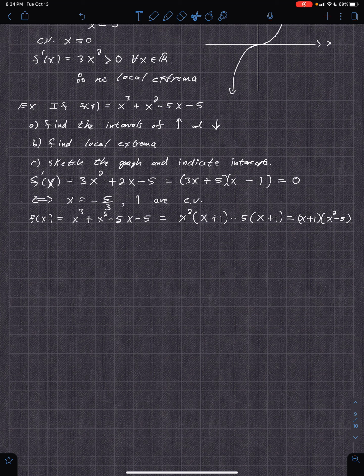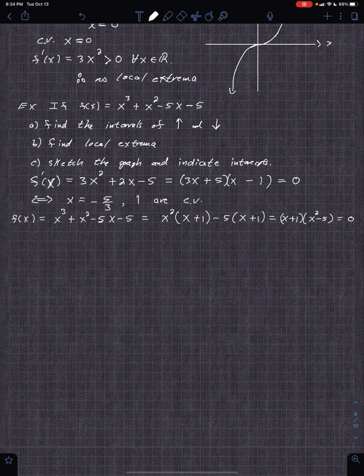And I'm going to bring over f all the way so that I can just say equals 0. So equals 0. All right, so, and if you had imaginary roots here, like if this was a plus, then those don't show up, of course, on the graph. So you just ignore it.